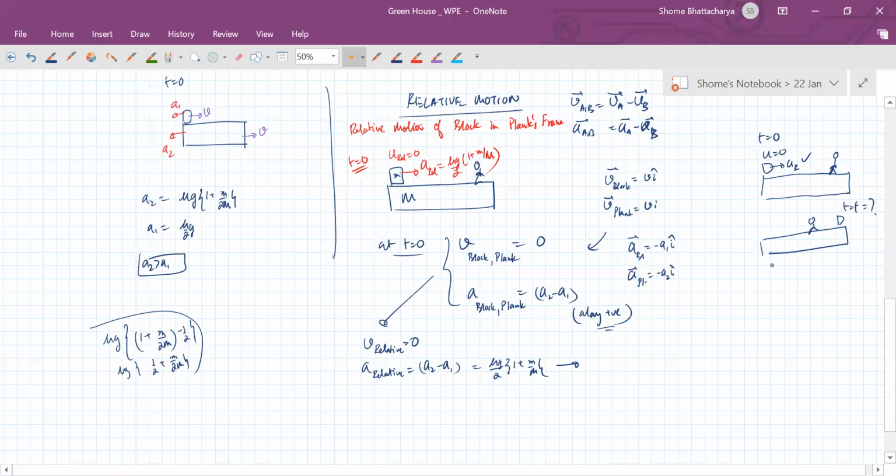So we have to find how much time. For that, this length has to become a relative into half t square. So that time will be the square root of 2 times L upon a relative. Then you substitute this and you will get the answer. The whole thing is inside the square root, of course.